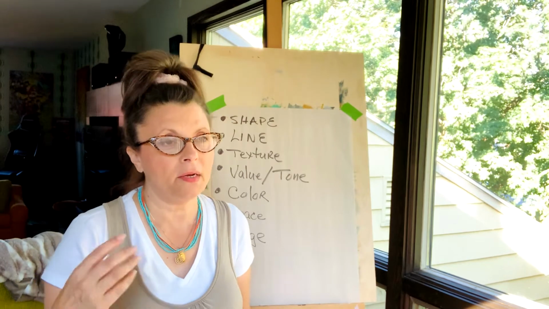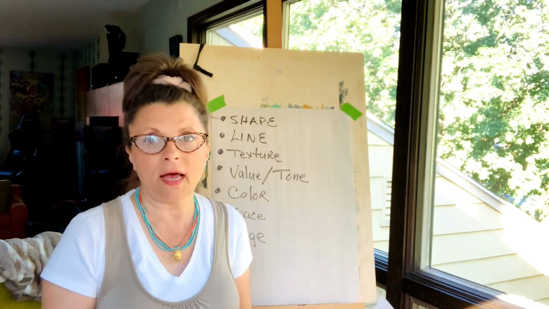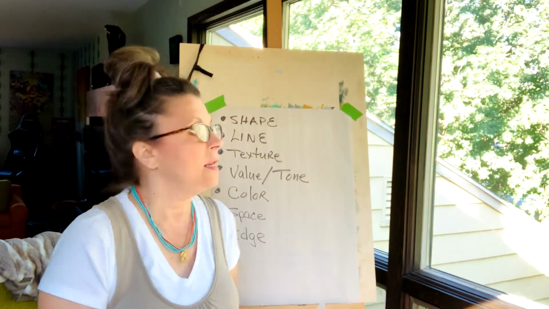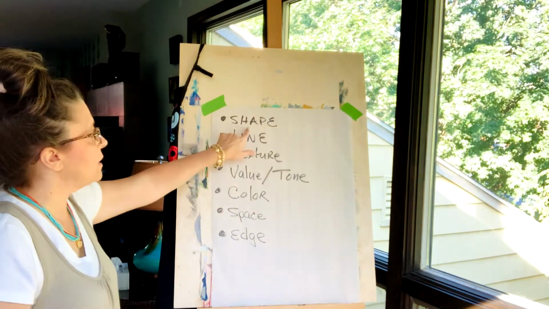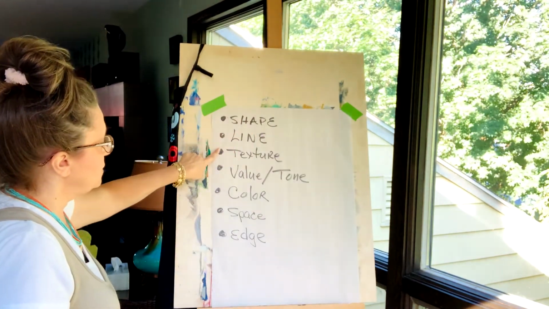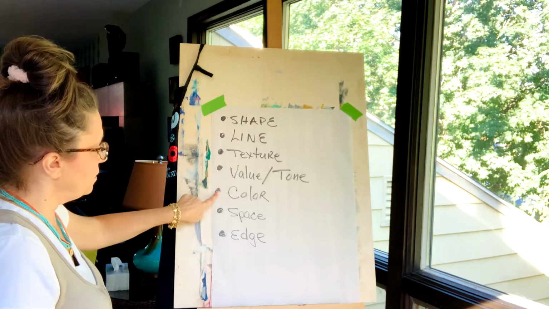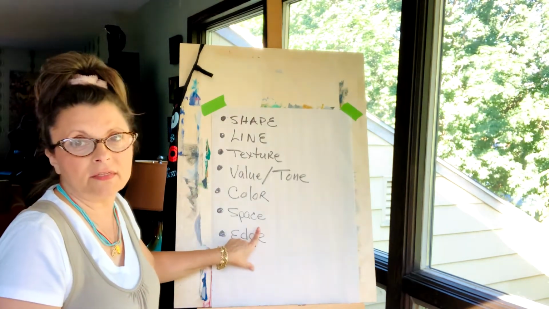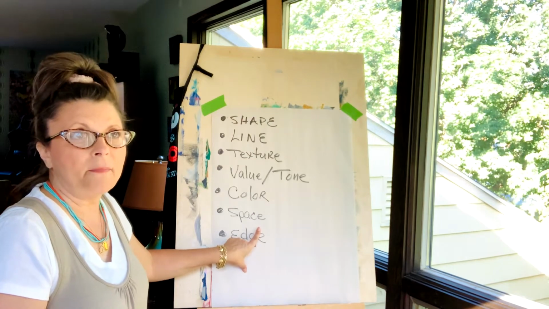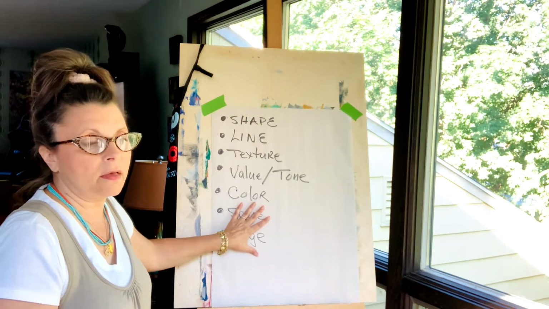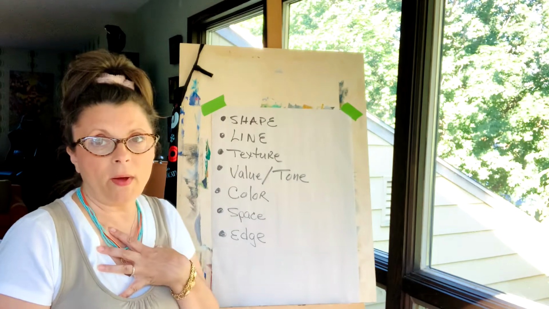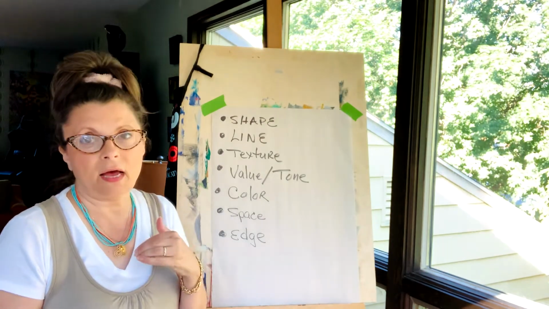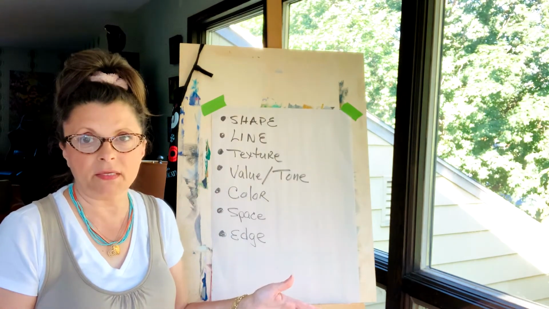But here's the guideline. You want to have a certain amount of contrast. Now, whether you're going to have contrast in shape, in lines, in texture, in value, in color, in space, or in edges, that's what you have to decide, right? It's not something, in my opinion, the way I go about it, to decide when you're starting the piece.